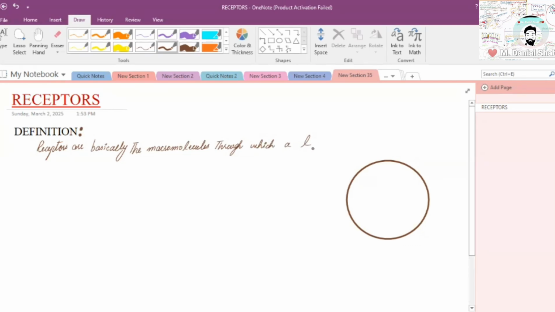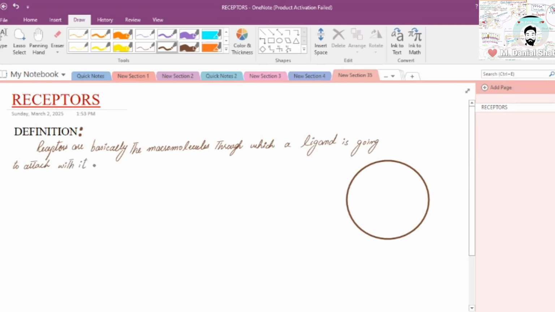First, you people have to understand the definition of receptor. Receptors are basically the macromolecules through which a ligand is going to attach with it.